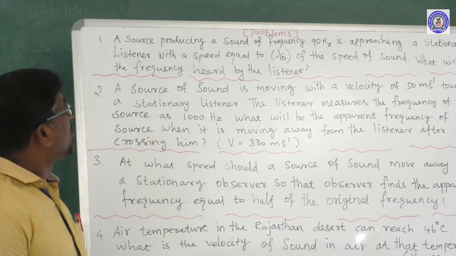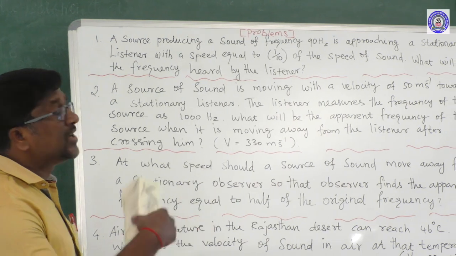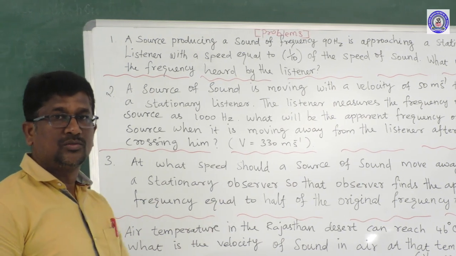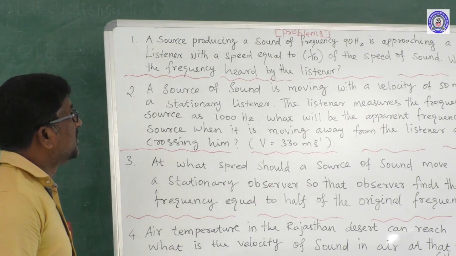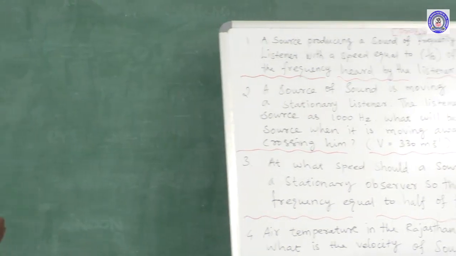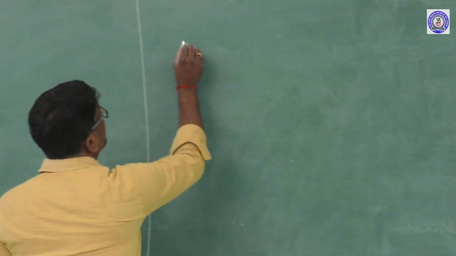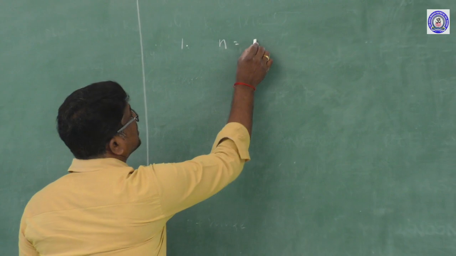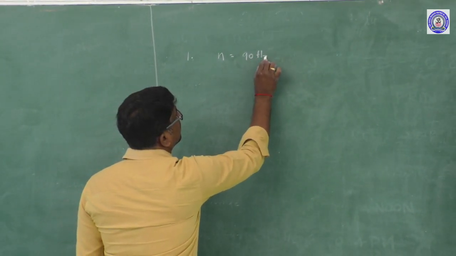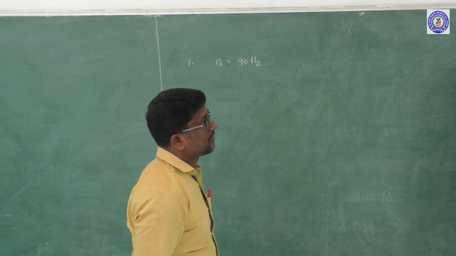Right. So in this problem, a source is moving towards a stationary observer. The given data in the question is, first, the actual frequency of the sound wave emitted is n, which is equal to 90 Hz.